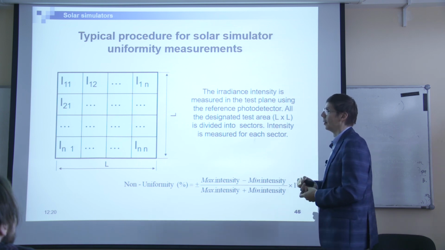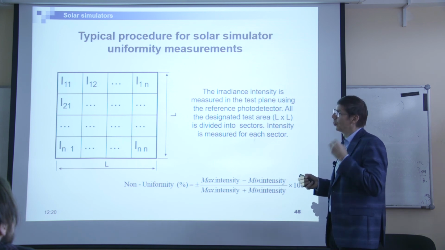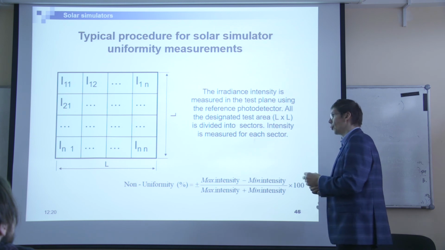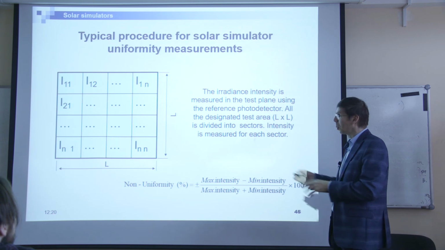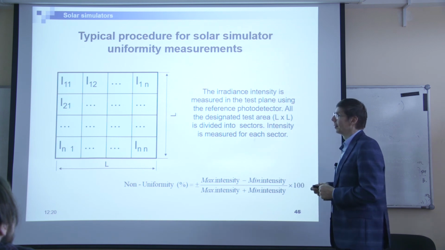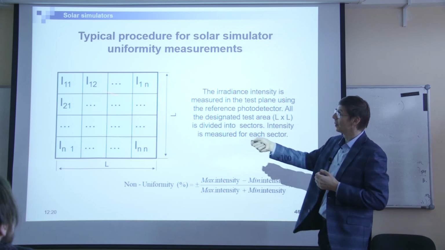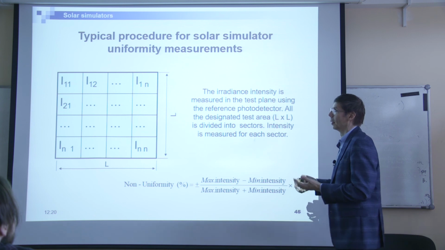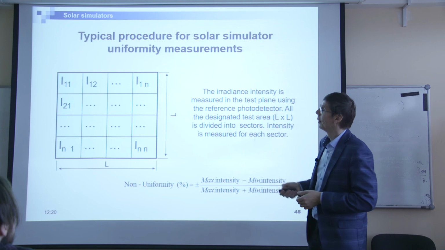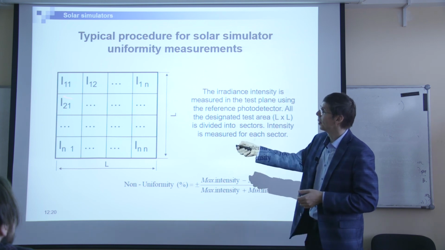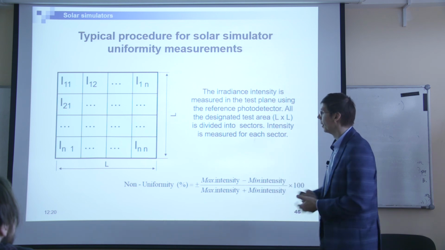It's a relative measurement, but you should be sure that it has a linear dependence, in quite a small range actually, because you just need to perform the measurement under one sun illumination normally. And then you make a set of measurements at each square, so you measure this matrix.